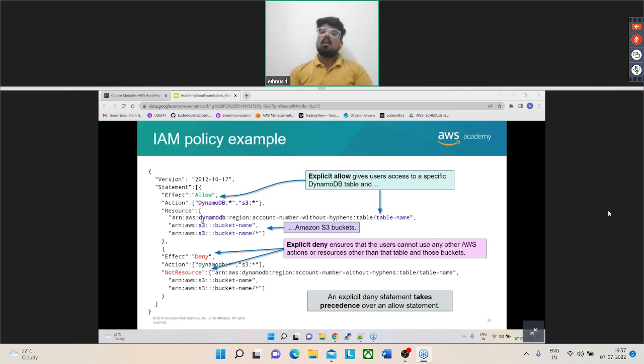Now under the resources. The resources means the resources which you have created. Since under the action we are defining only the services which are part of the allow effect, now under the resources we have to define the resources which we have created. These resources have an Amazon Resource Name.